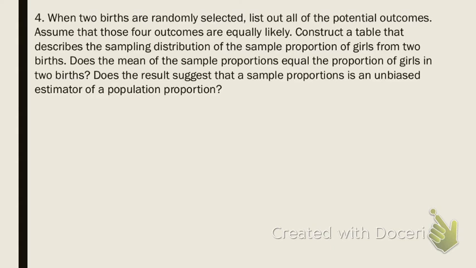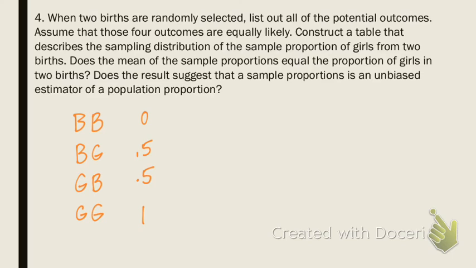So when I'm having 2 children, it could either be boy, boy; boy, girl; girl, boy; or girl, girl. We're not counting twins. We're not counting any of that. Just 2 children. And I want to count the proportion of girls within each scenario. So I have 0, 0.5, 0.5, and 1.